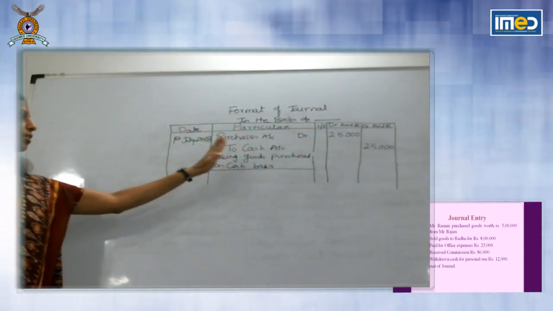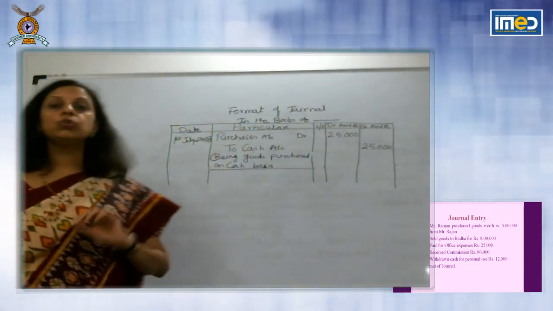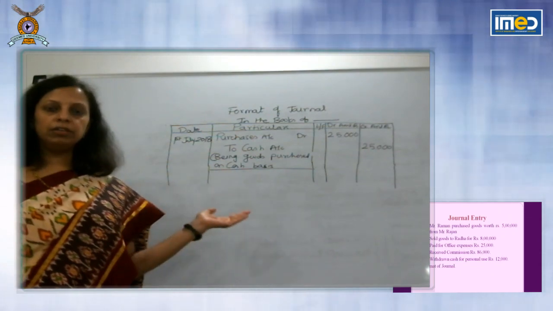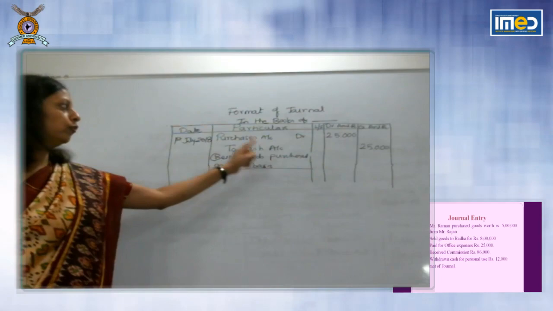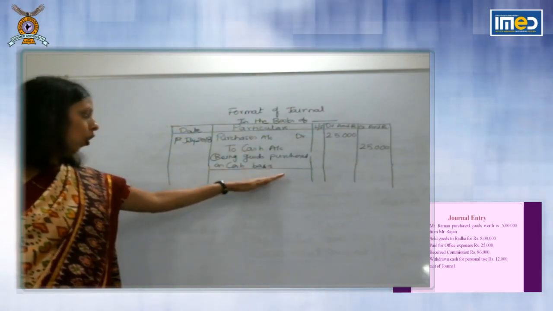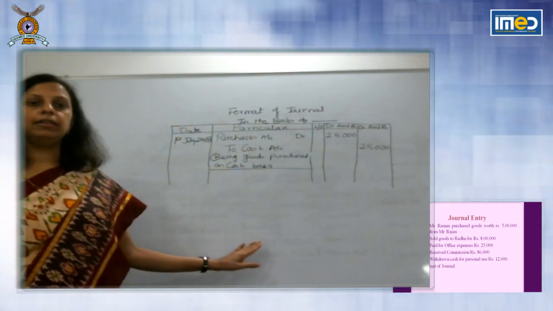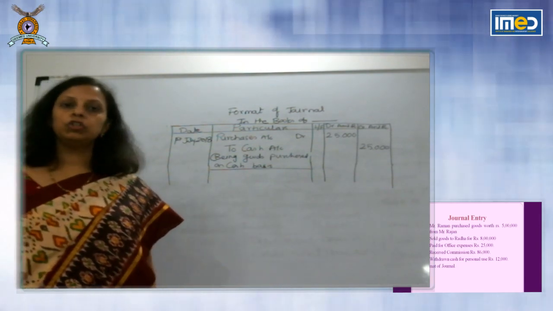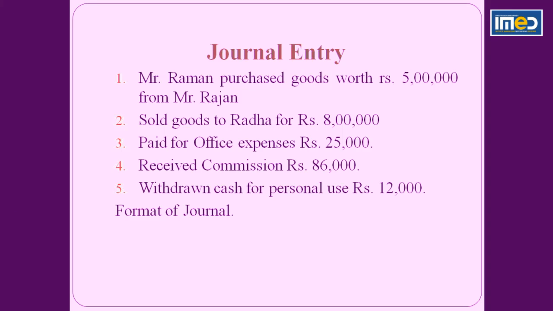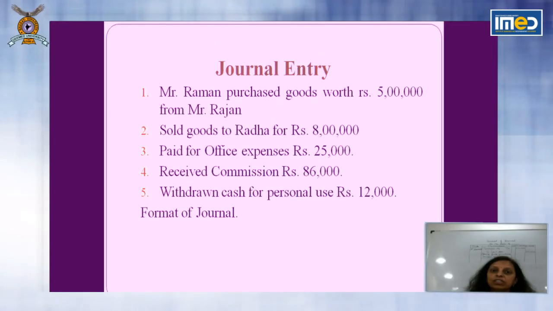Now, this way is followed uniformly. So, whenever you are solving question on preparation of journal, you have to follow the same format. All entries you will pass and then at the end you have to take total of journal. So, we have seen the first book of account, that is journal.